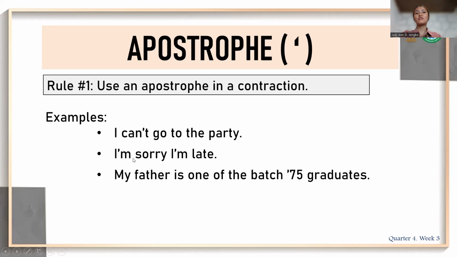There are two I'm here, and it is a contraction for I am. And the last example is my father is one of the batch '75 graduates. So we have here apostrophe 75, which is a contraction for 1975. Again, you're just going to read this directly as 1975.